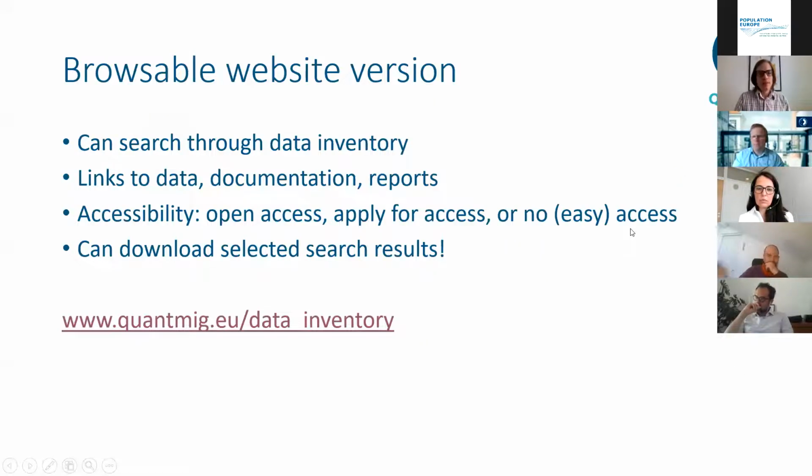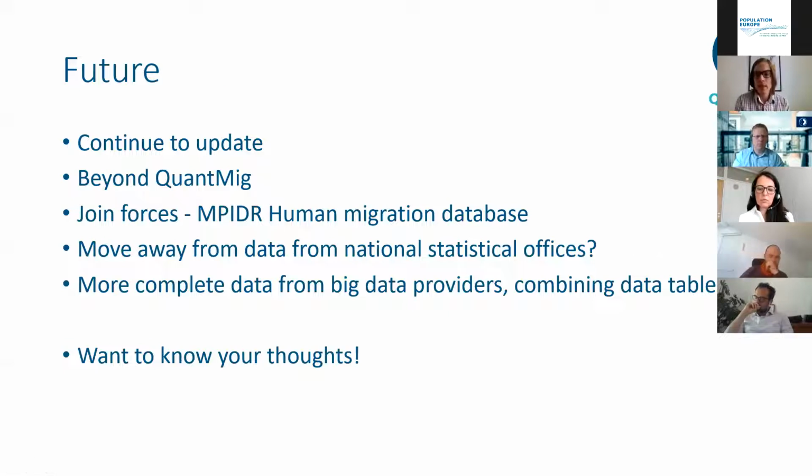So then the future of this data inventory. Of course, it's a nice output for now, which we will continue to update during the QuantMig project. But we were thinking that this needs to continue also after the QuantMig project. So we were thinking of perhaps joining forces with other projects.